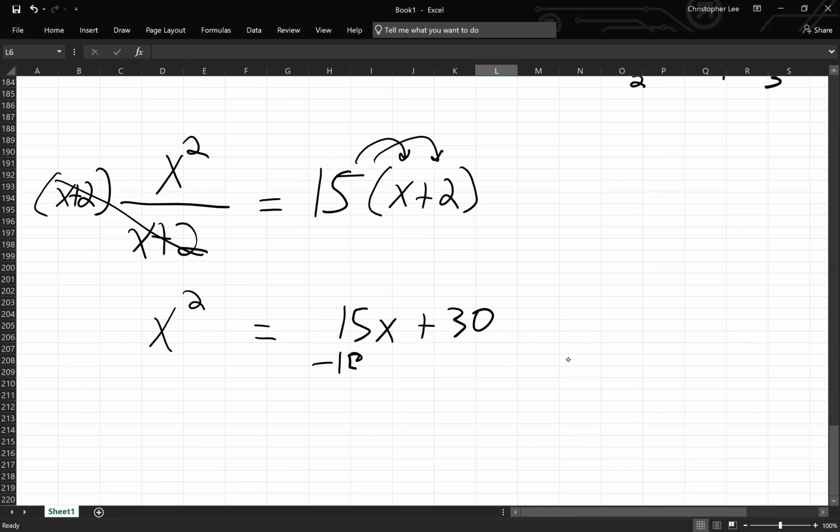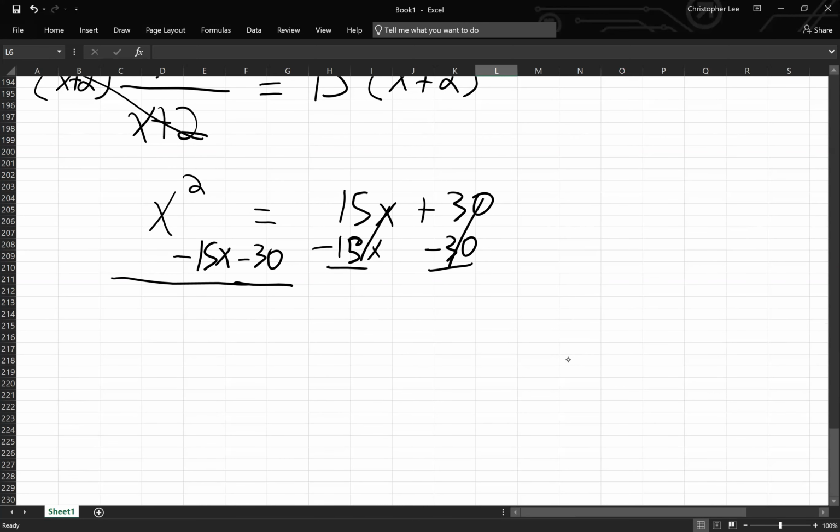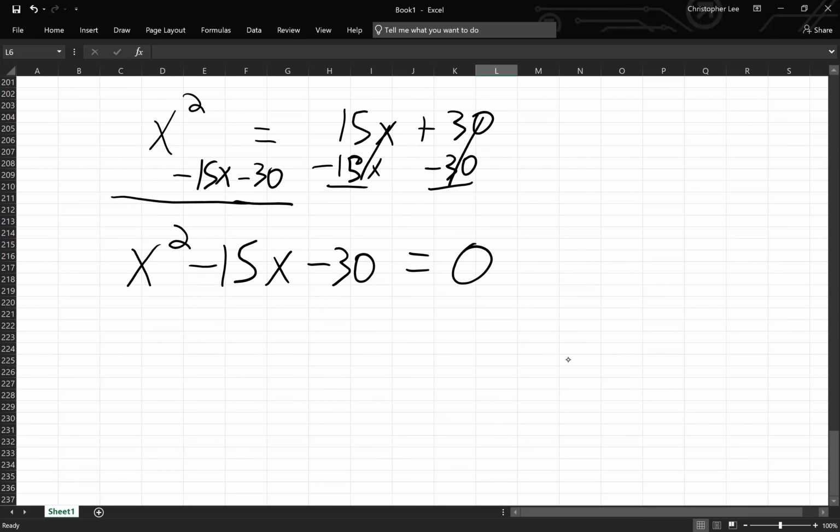Subtract these to the other side. I'm doing it all in one step because it's quick. Now you got x squared minus 15x minus 30 equals 0. And then you just solve it. Not too bad, right?